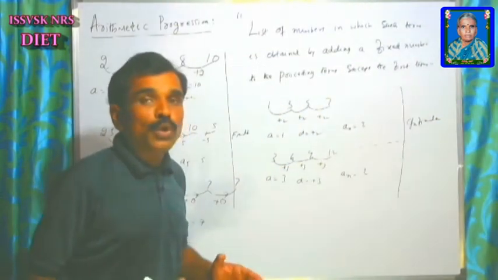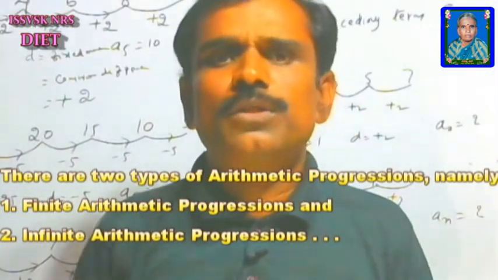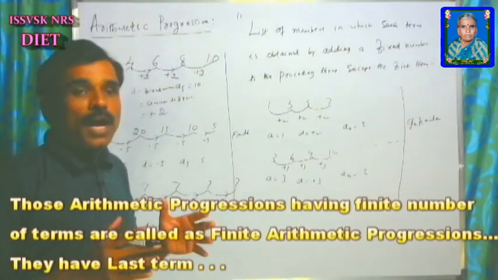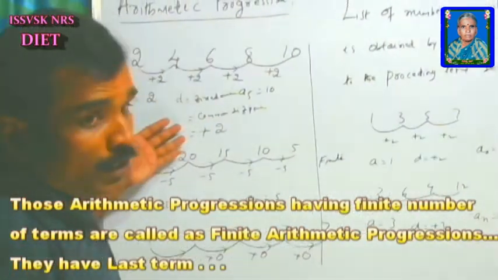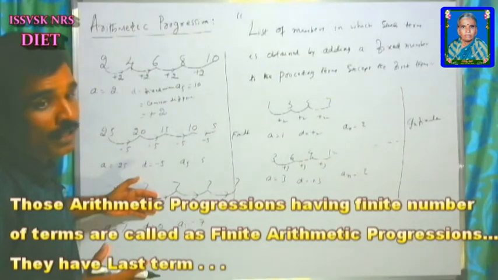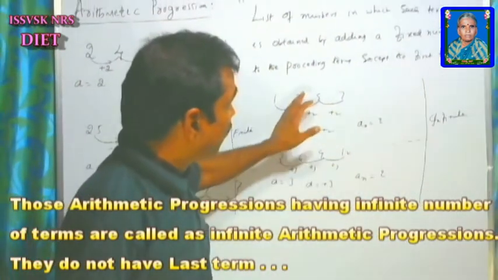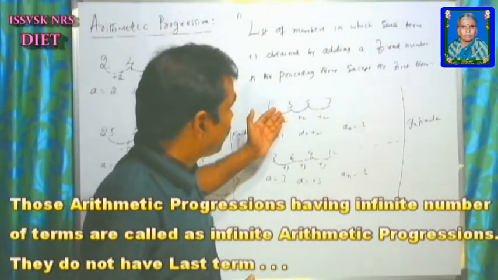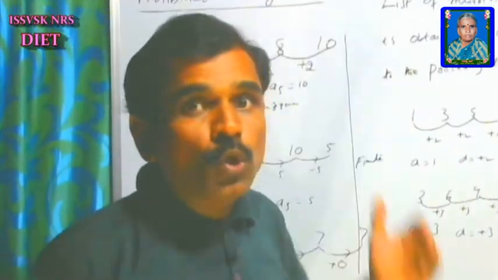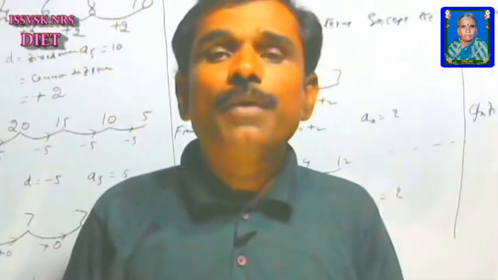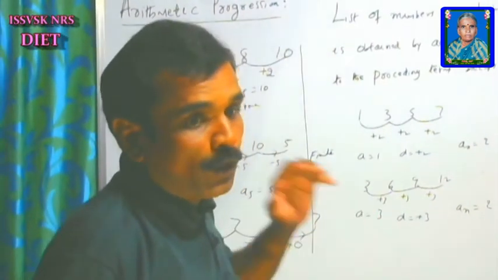So there are two types of arithmetic progressions: finite and infinite. Those arithmetic progressions having a finite number of terms are called finite arithmetic progressions. These are examples of finite arithmetic progressions.